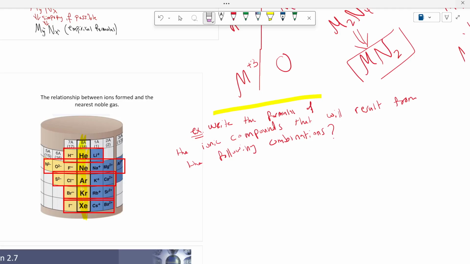Let's say the simplest example, sodium and chlorine.